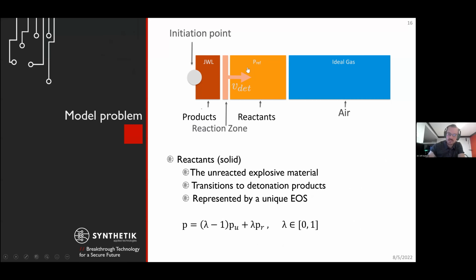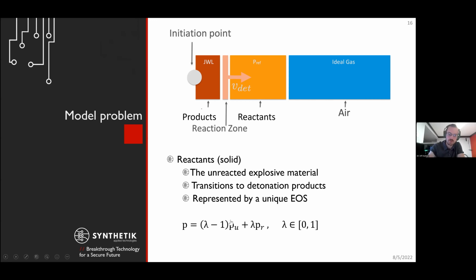So the reactants are generally a solid phase, depending on the kind of reaction model you use. We're talking about a linear detonation model right now, but there are more complicated ones. You can have some equation of state for your solid reactants here.